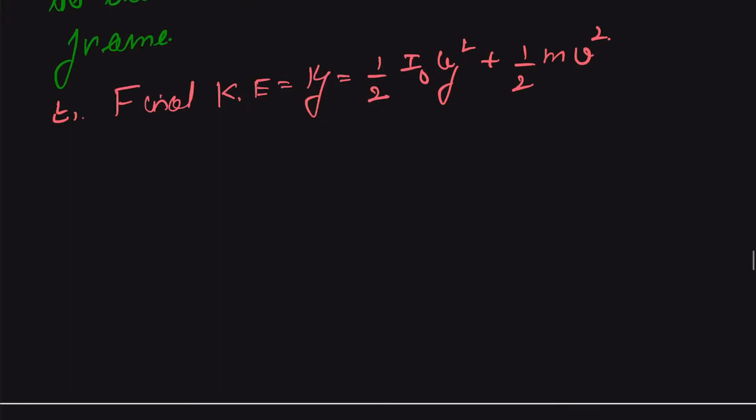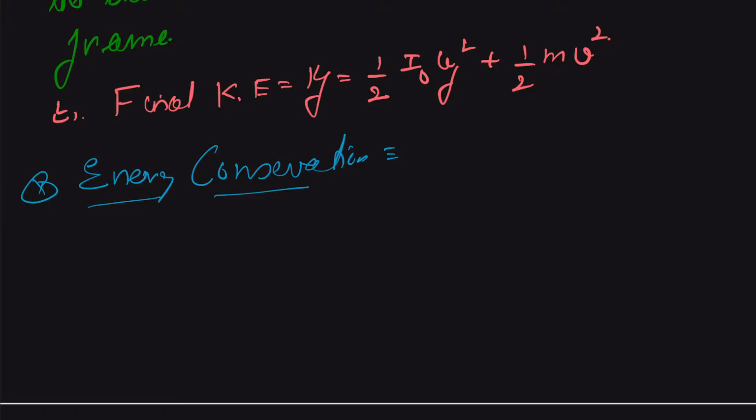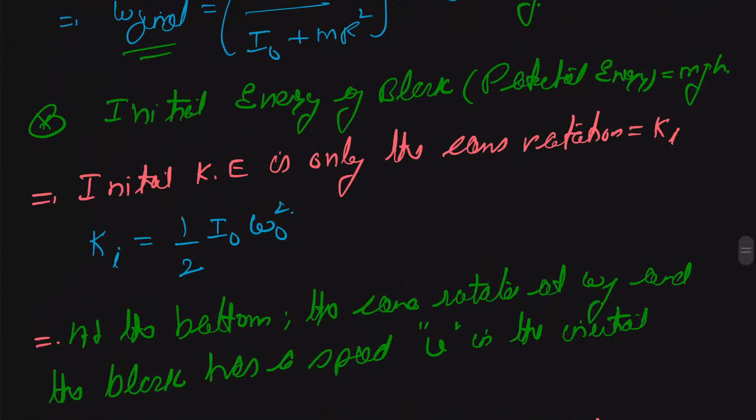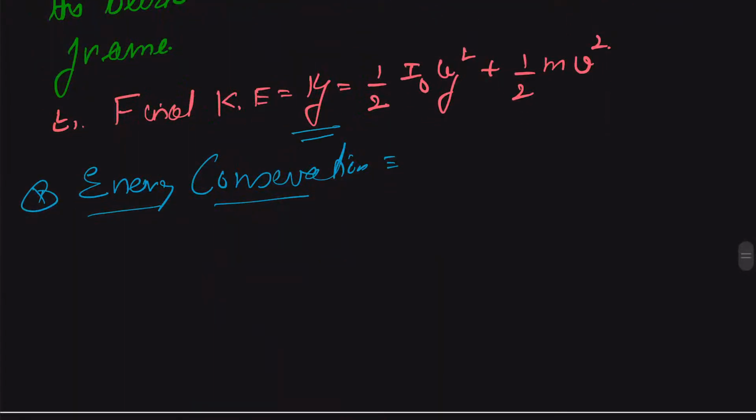Now we can use conservation of energy. This gives us that our total initial energy will be equal to total final energy. Total initial energy is the potential energy plus kinetic energy, which equals K_f.